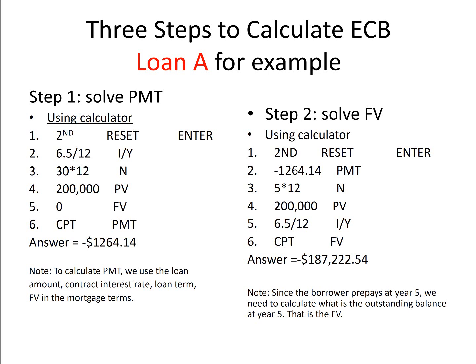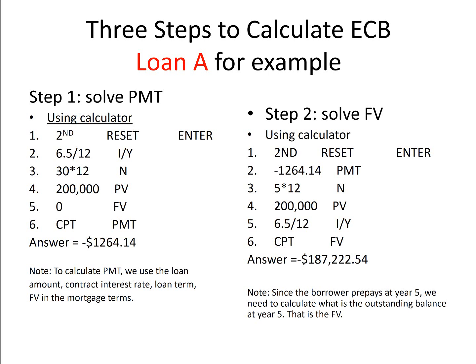In the second step, in order to solve the future value at the end of year 5, the monthly payment equals $1,264.14. Number of periods equals 5 years, which is 60 months. Present value is $200,000. The contract interest rate is 6.5% every year, divided by 12 to get the monthly interest rate.